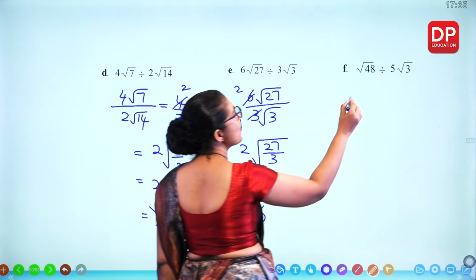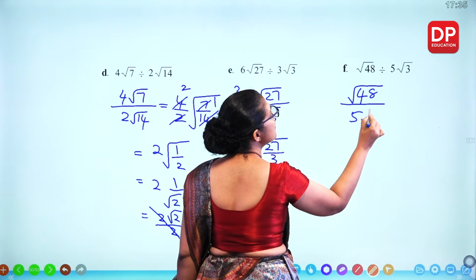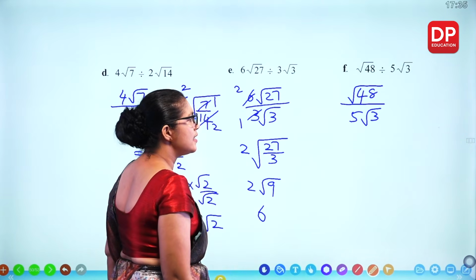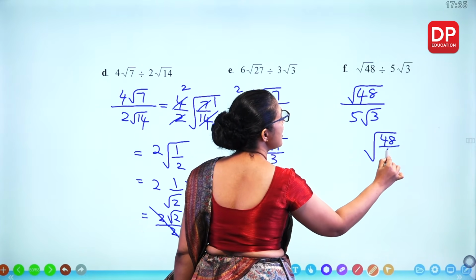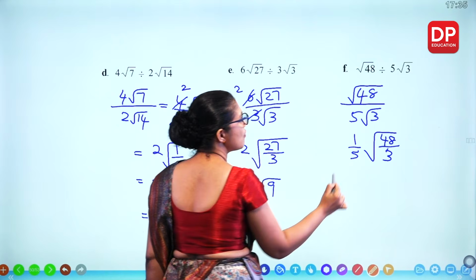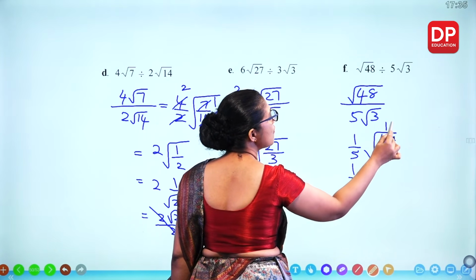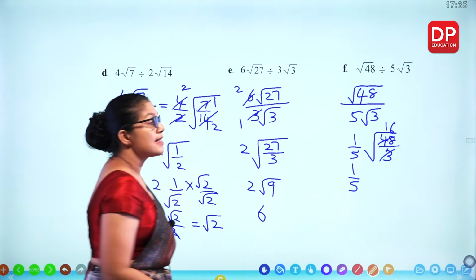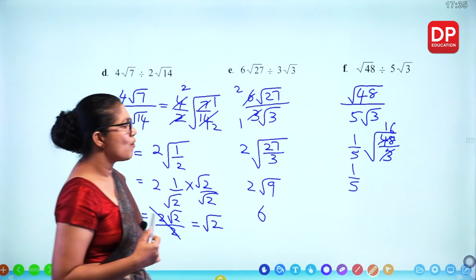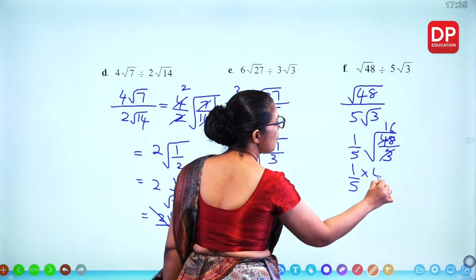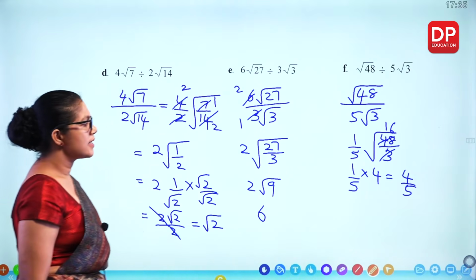This part, you can write 48 over 5 root 3. What's the next one? You write it as a single surd. 48 over 3, you get 16 over 25. So what's the answer here? 3 times 1, 3. For 18, that's 6. 16. What is the square root of 16? You get 4. So here, 4 in the numerator and 5 in the denominator.